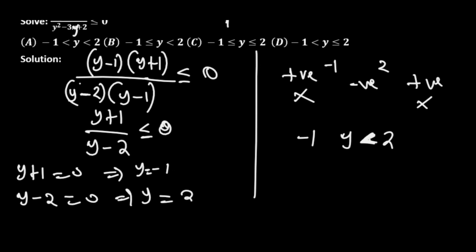So this is the perfect answer. If you could see, this is B and this is D. Many students will take D. Our correct answer is B, because we don't include 2. Once 2 is here, it will be undefined.